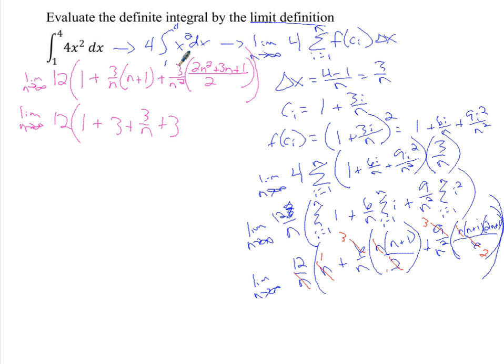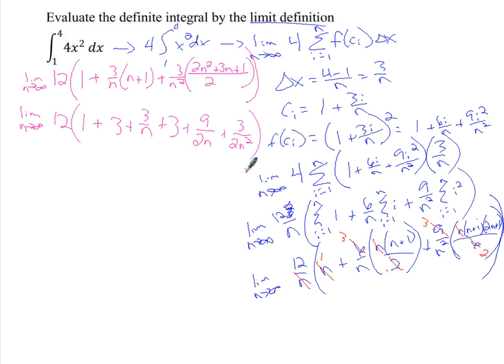Then 9n over 2n squared, 9 over 2n. Then 3 over 2n squared.